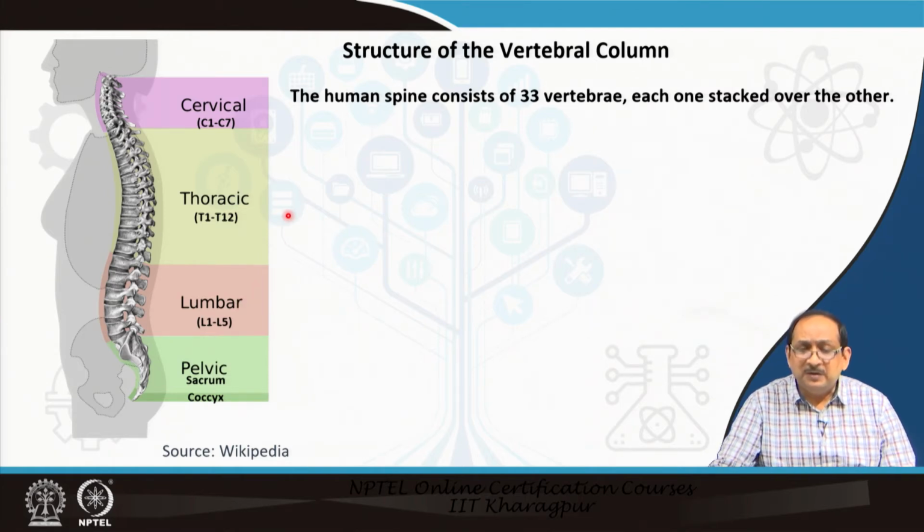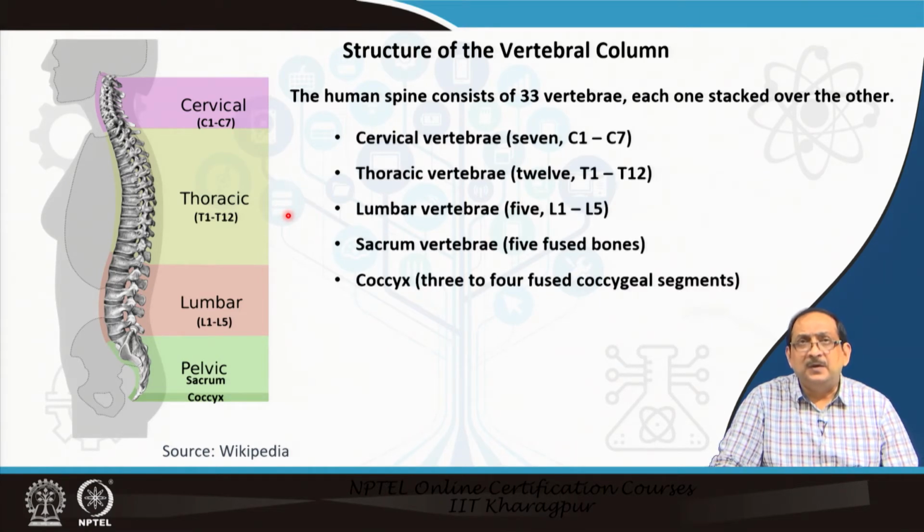So, the human spine consists of 33 vertebrae, each one stacked over the other. The cervical vertebra or cervical spine section consists of 7 units, C1 to C7. The thoracic vertebra consists of 12 vertebra.